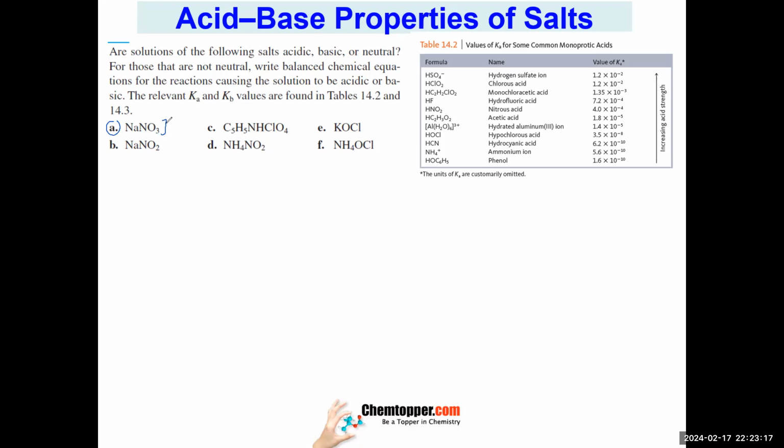Is it acidic, basic, or neutral? Just work out in your notebook. Check the base, check the acid, check whether they are strong or weak. See who is giving you stronger conjugate. Decide the pH and identify. Waiting for the answer for the A part.